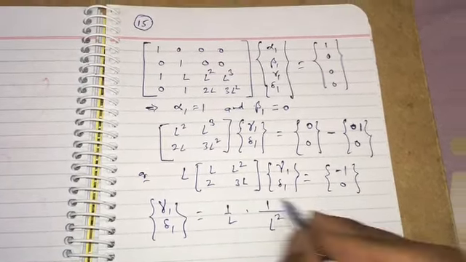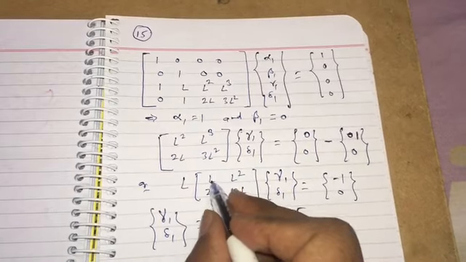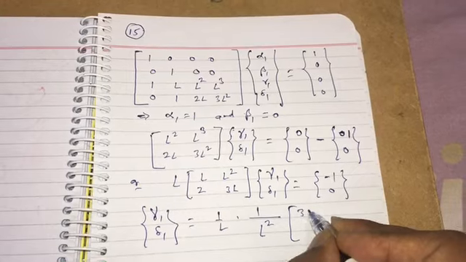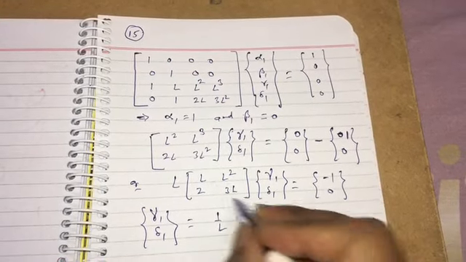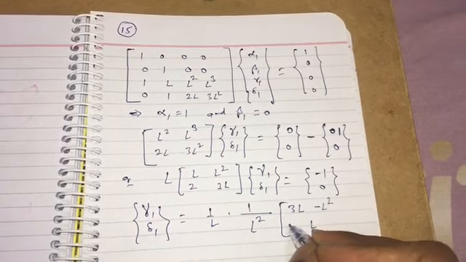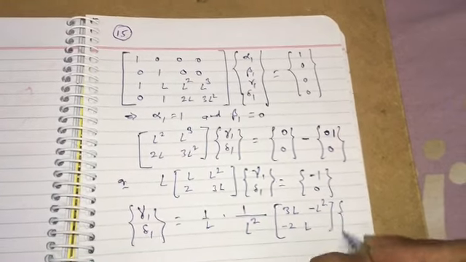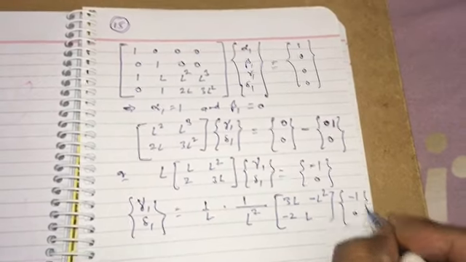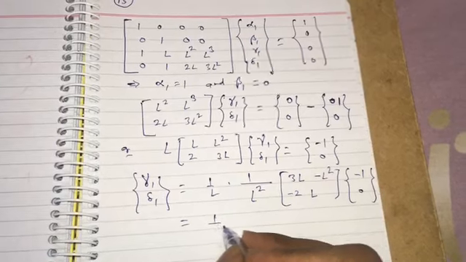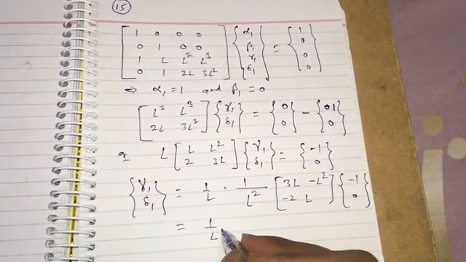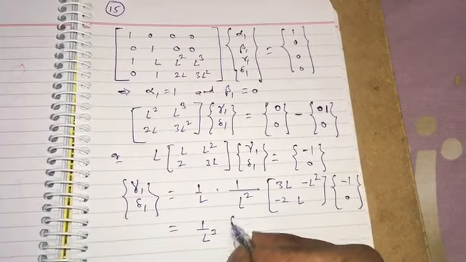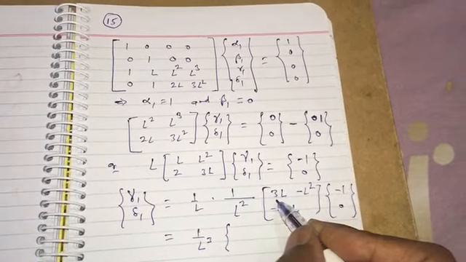Then we interchange the diagonal entries, so we get 3L and L here, and the off-diagonals become minus L² and minus 2, multiplied by minus 1, 0. So simply we get 1 over L³ here, and here minus 1.